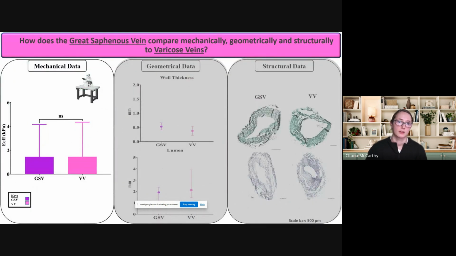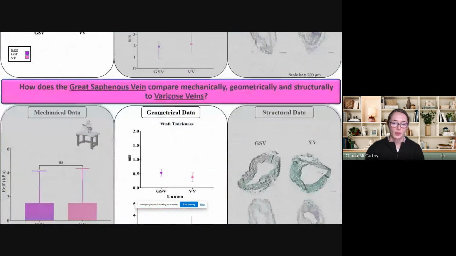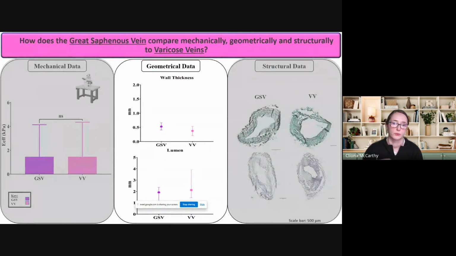So then comparing the great saphenous vein to varicose veins, mechanically we see that there's no significant difference between the great saphenous vein and the varicose vein. This also carried forward through the wall thickness. We see that there's minimal significance between the great saphenous vein and the varicose veins in terms of wall thickness, while there's a larger spread with the interquartile range for the varicose veins.